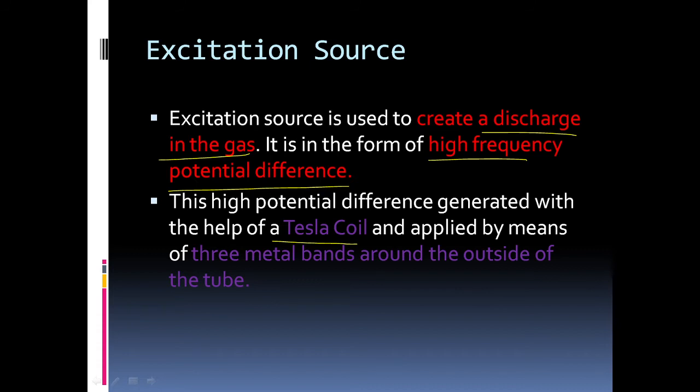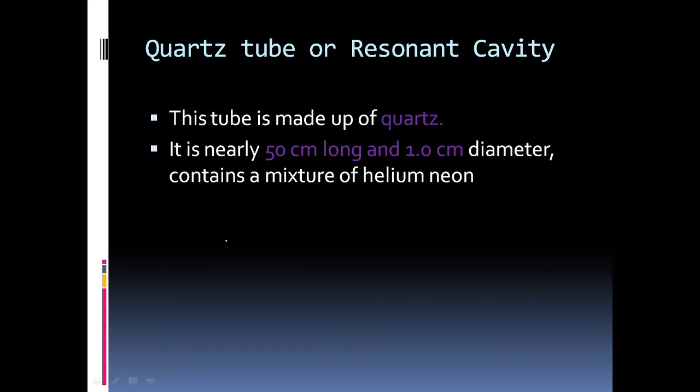The coils are wrapped around the cavity and applied by means of three metal bands, as I showed in the diagram, outside the tube. This cavity is made of a hard material like quartz, and its length for the helium neon laser is 50 centimeters and the diameter is 1 centimeter. This cavity contains a mixture of helium and neon.